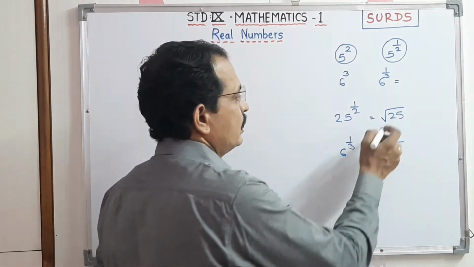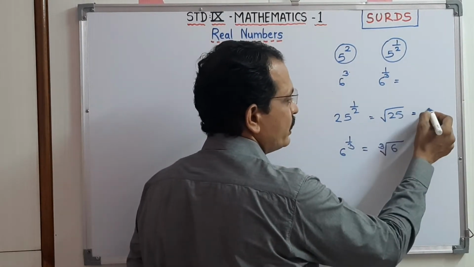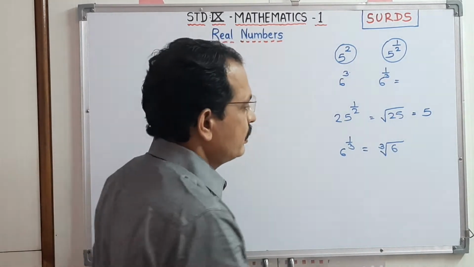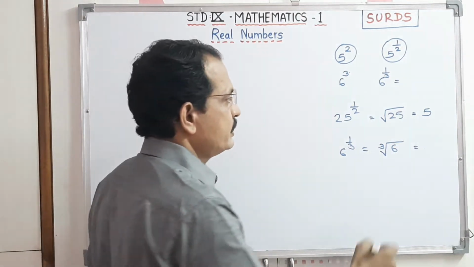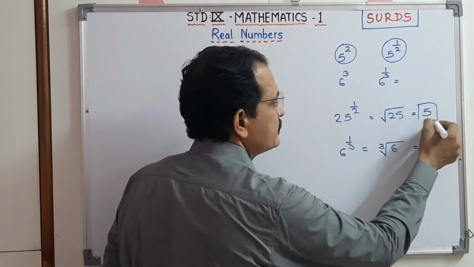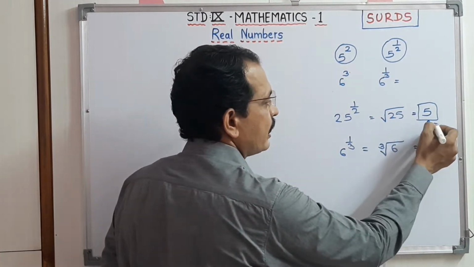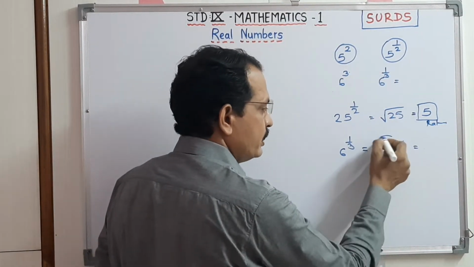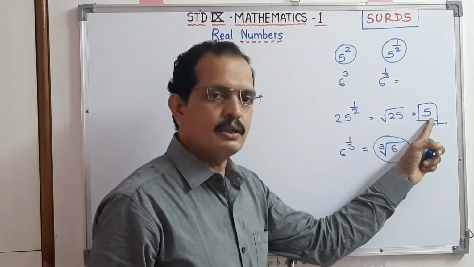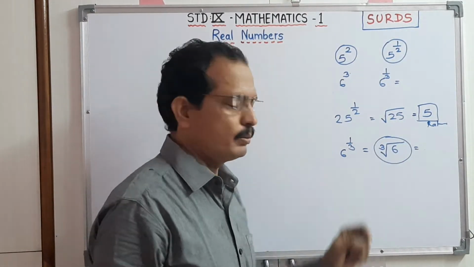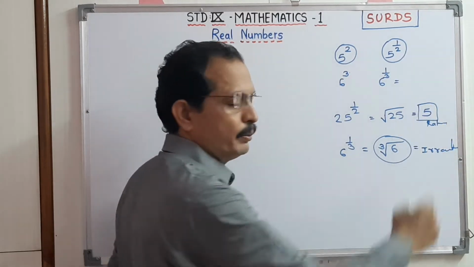Now dear students, we can find the answer of the square root of 25, it is 5. Here the cube root of 6, we can't find. That means the square root of 25 is a rational number, because we got the answer 5, and the cube root of 6 is called an irrational number.